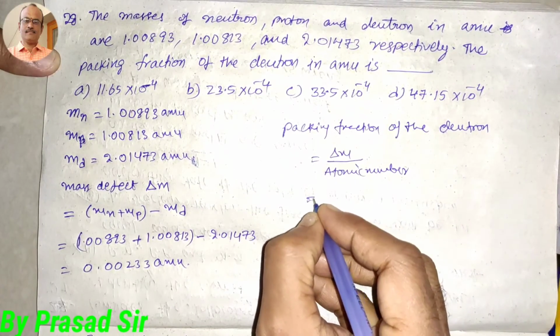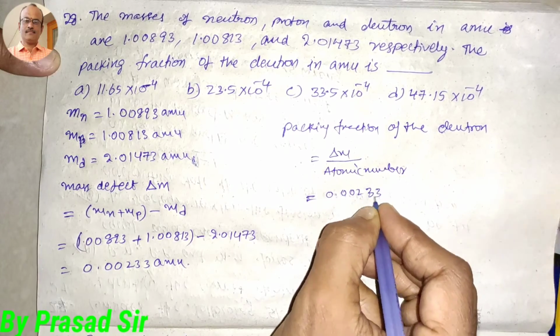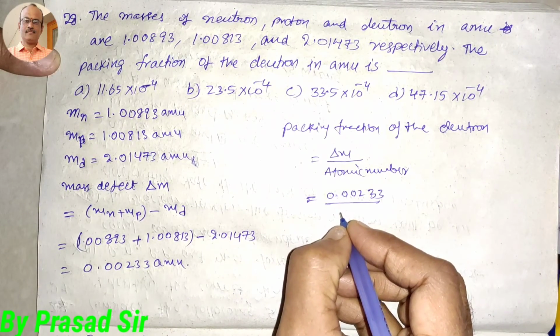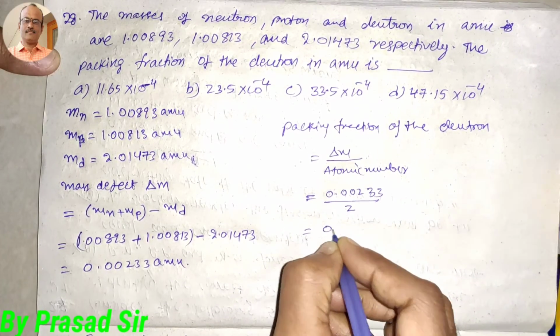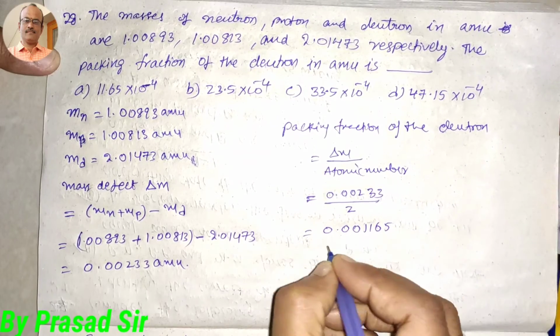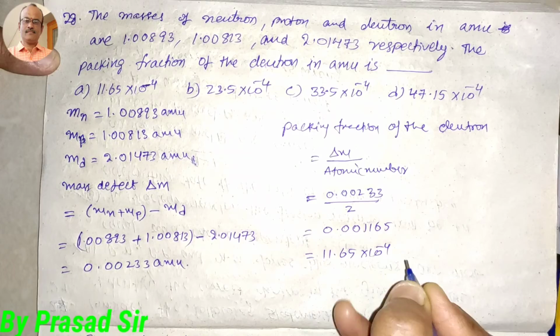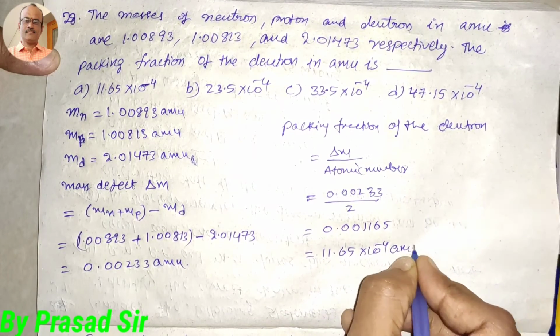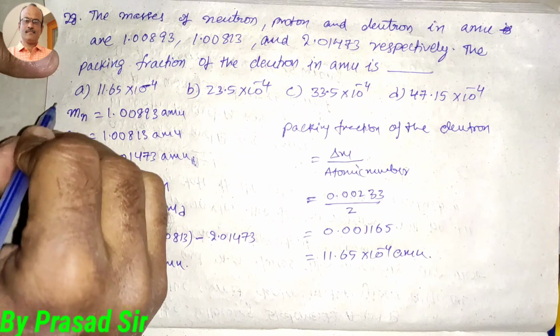So mass defect is 0.00233 divided by atomic number, which is 2. So here I will take this as 0.001165, that is 11.65 into 10 to the power of minus 4 AMU, atomic mass unit. So which option is correct here? Option A is correct.